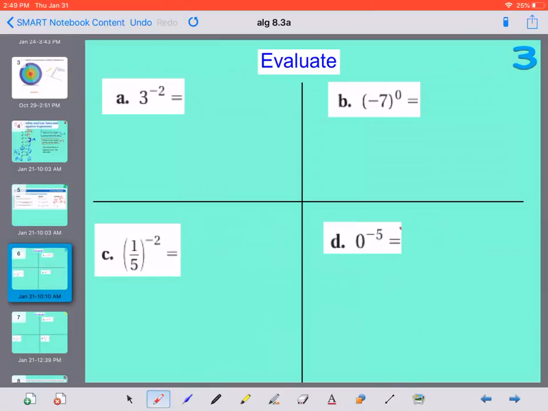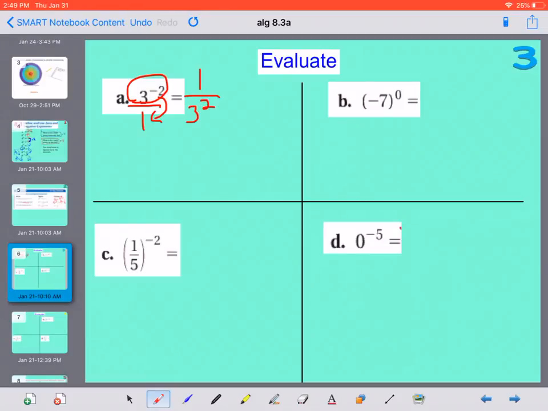The first one we see, so we have 3 to the negative 2. So what we would do is we're going to make this into a fraction. I'm going to take 3 to the negative 2 and I'm going to move it down and make it positive. Now I like to say we're going to move and make positive. So I would move this down. So our reciprocal would be 1 over 3 squared.